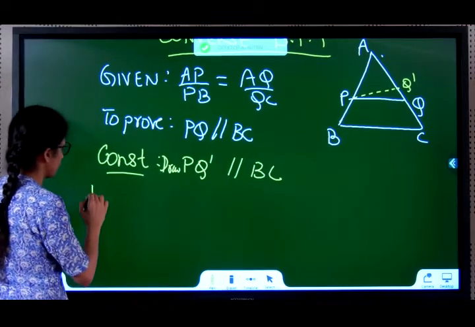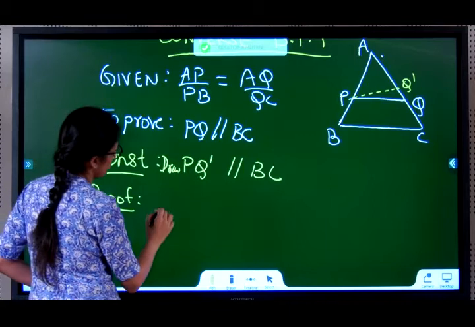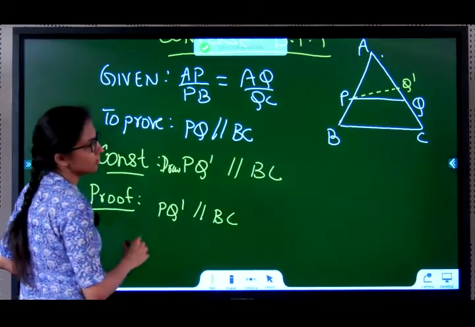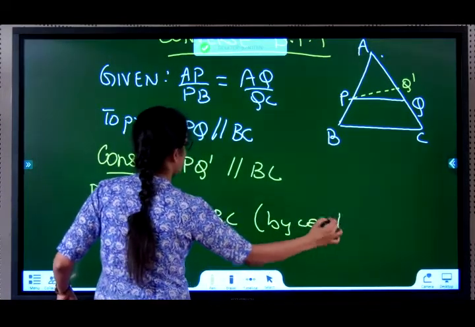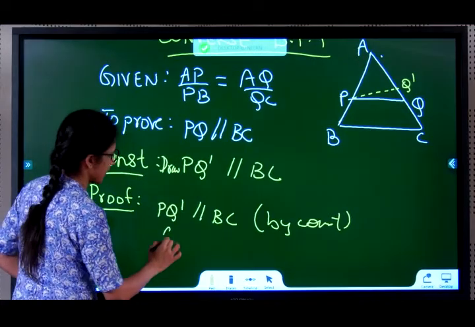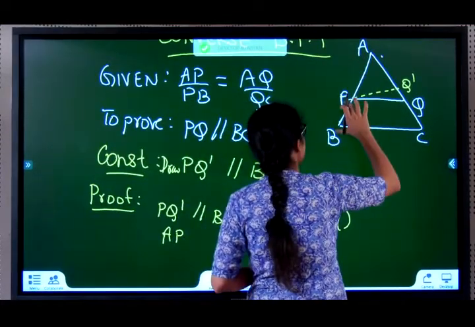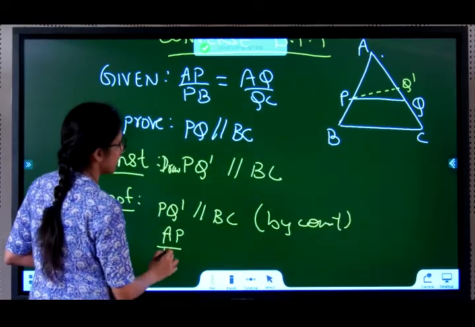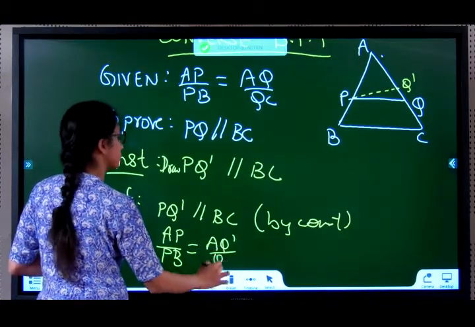Now proof. PQ dash is parallel to BC. Why? By construction. So therefore, can I say AP by PB is equal to AQ dash by Q dash C?